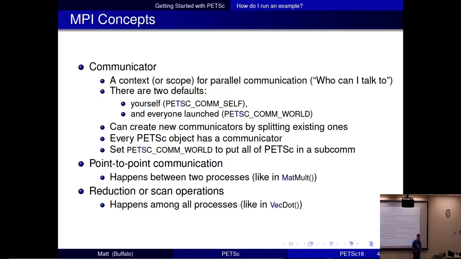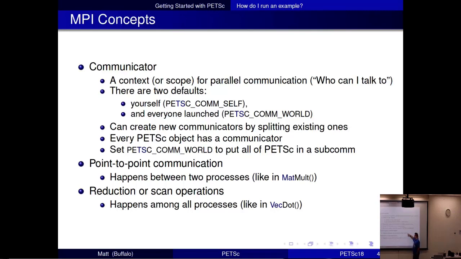If only two guys are talking, the rest of the guys can keep running. Whereas if everyone has to talk, then we've all got to stop and agree. And so there's blocking. So there's a lot more latency associated with a reduction than with point-to-point communication.